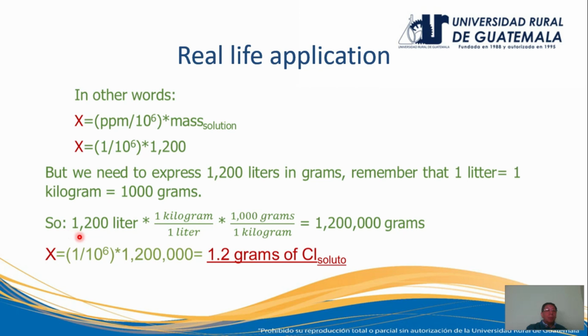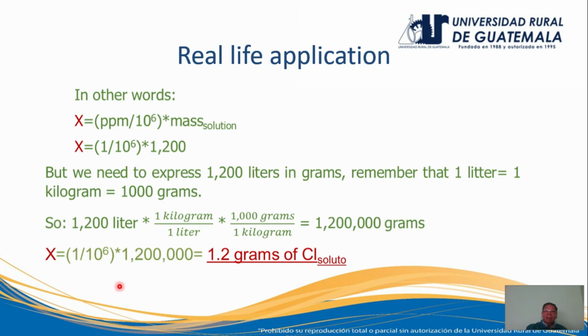So 1,200 liters are multiplied by 1 kilogram divided by 1 liter, and 1 kilogram is equal to 1,000 grams, and the result will be 1,200,000 grams of water.